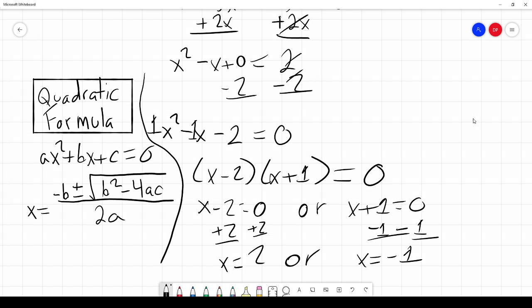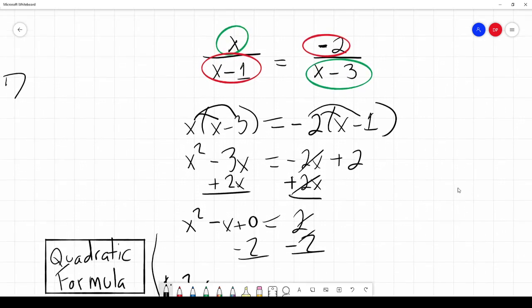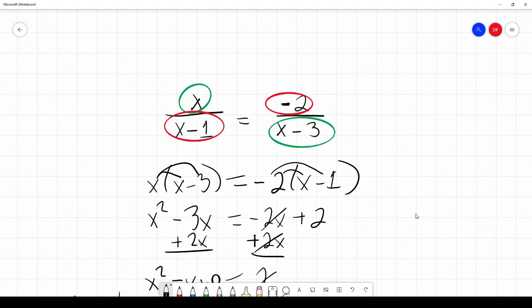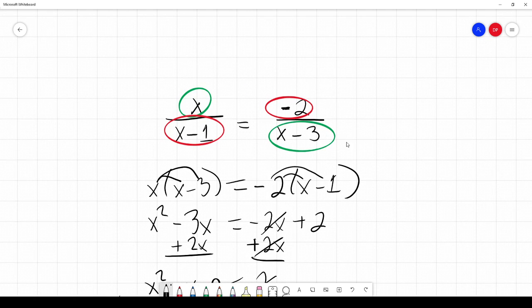However, we need to check and make sure neither of those are extraneous, which I should have done at the beginning, and I realized I did not. But here, looking at our denominators, on the left side, if x equaled 1, 1 minus 1 would be 0. We do not want to divide by 0, so x cannot be 1.